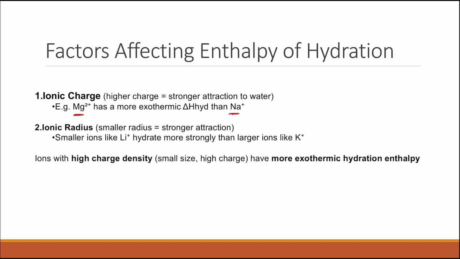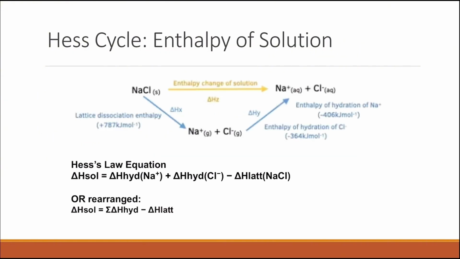Also, the ionic radius. The smaller the radius, the stronger the attraction between the positive ion and the water molecule. So smaller ions like lithium are hydrated more strongly than larger ions like potassium. Generally speaking, ions with high charge density, meaning they are smaller in size and have higher charge, will have more exothermic hydration enthalpy.